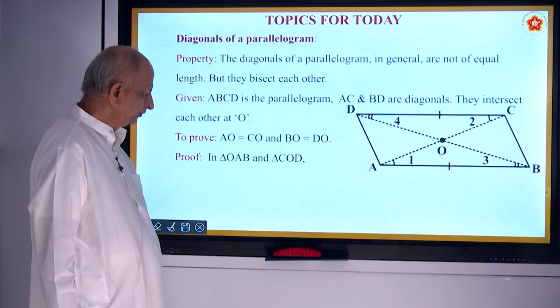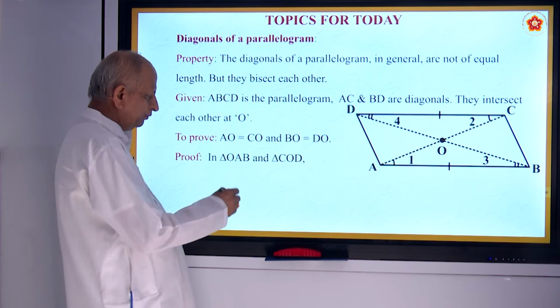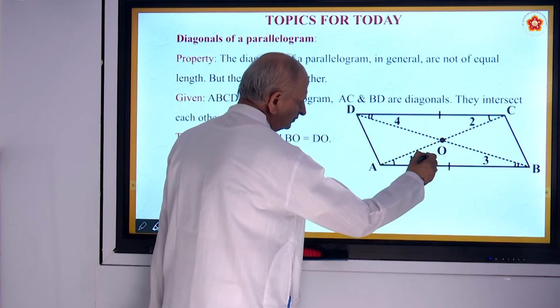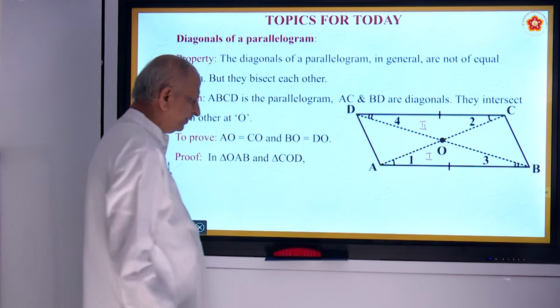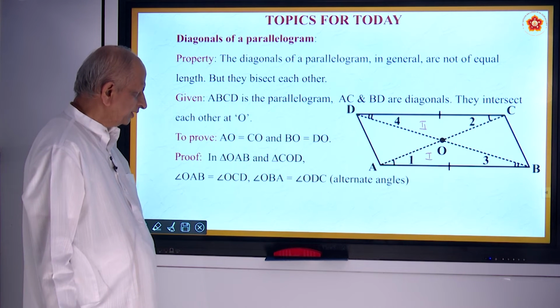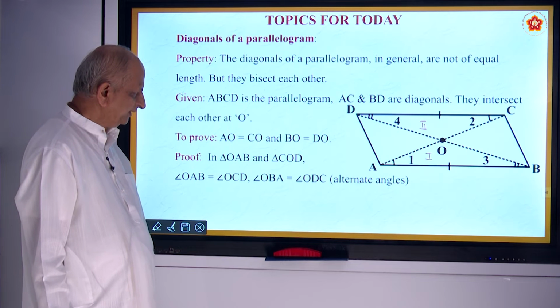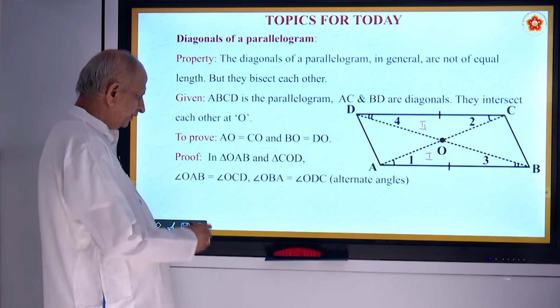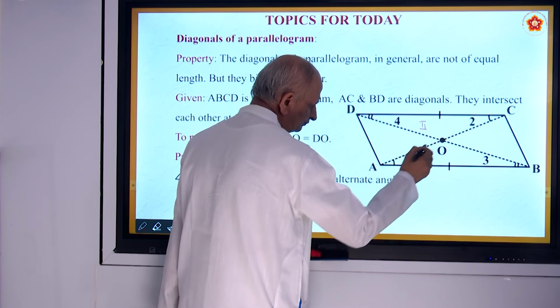And how to prove that? Take two triangles, OAB, this is one, and COD or DOC, anywhere you want. And then here have number, OAB angle number 1 is equal to OCD, angle 2. 1 and 2 are equal.